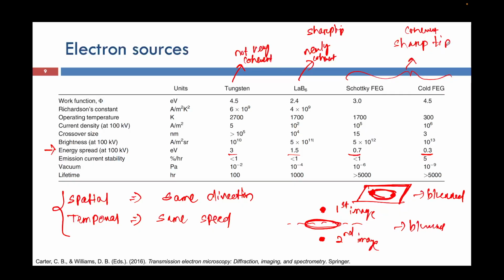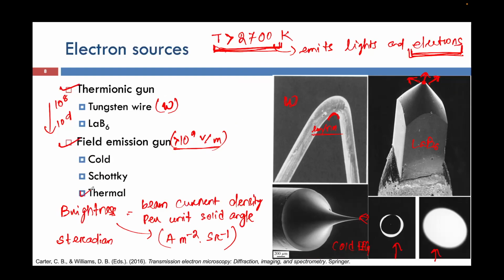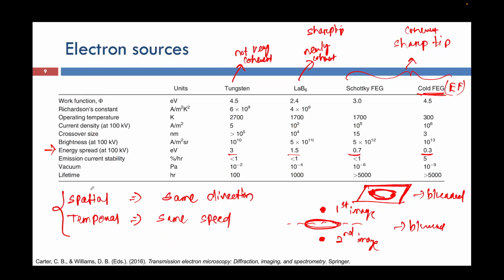Okay, and this cold FEG which I am talking about is entirely dependent on the electric field. That means the whole amount of electrons will be coming from the electric field. And this thermal FEG, which you remember here, first we heat the filament to a certain value, then we apply the electric field. Okay, and these are different. So this table we have seen earlier in our first electron optics class.